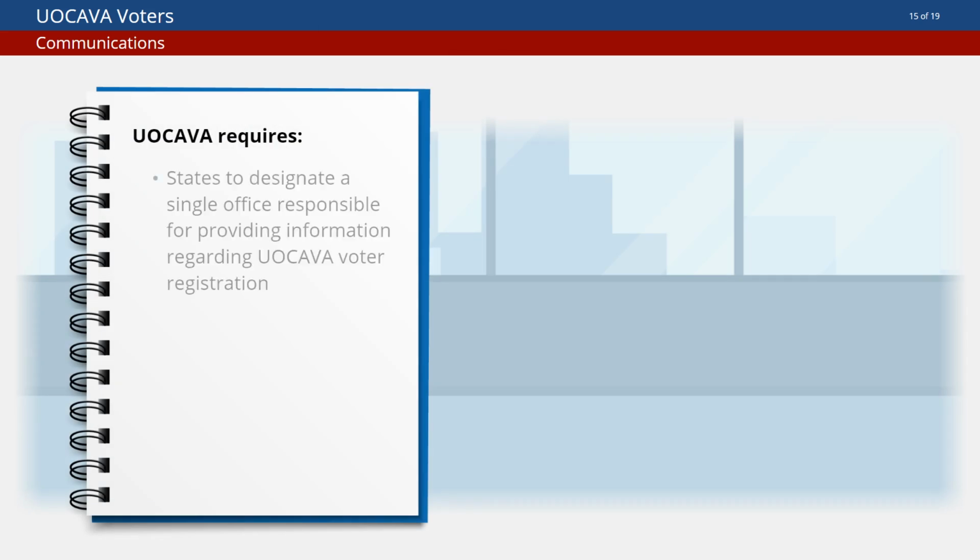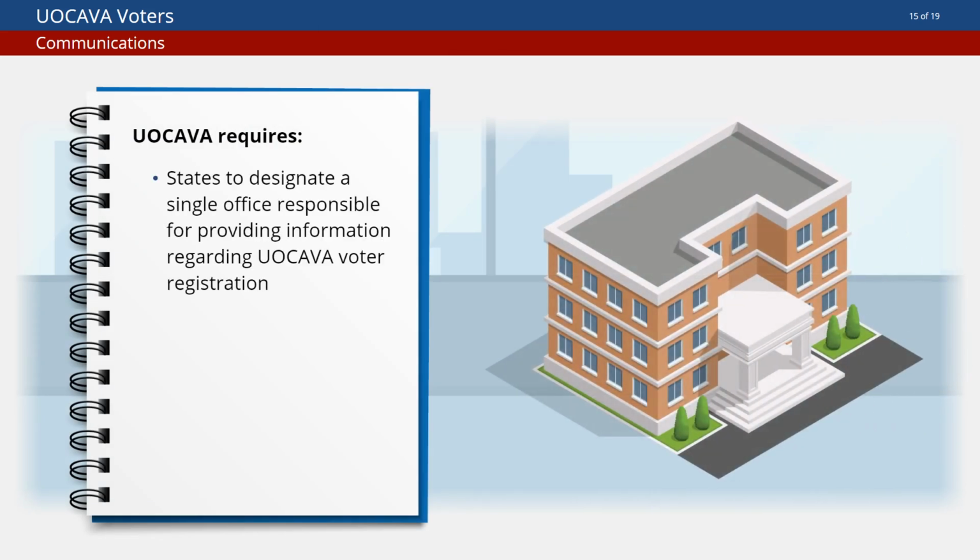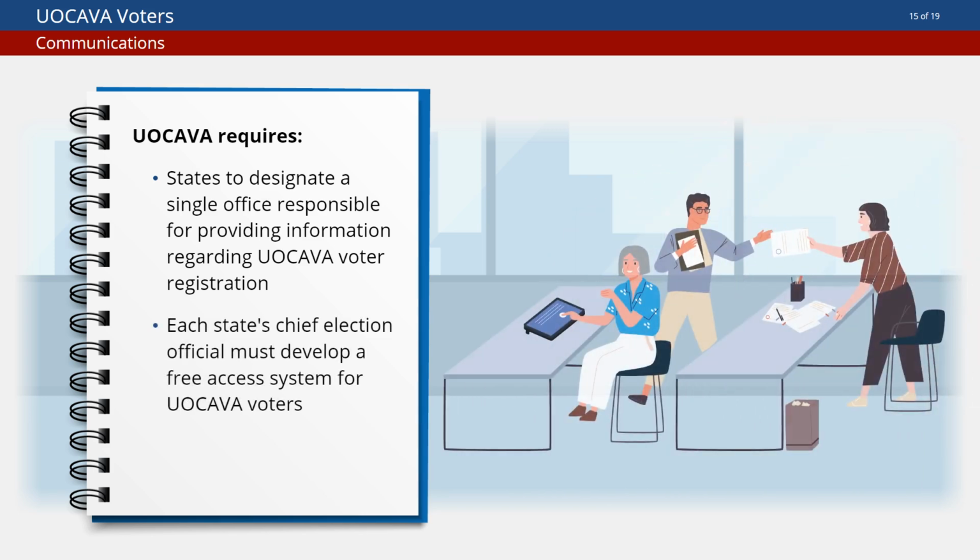UOCAVA requires states to designate a single office responsible for providing information regarding UOCAVA voter registration and absentee procedures. Additionally, each state's chief election official must, in coordination with local election officials, develop a free access system for UOCAVA voters to determine whether their election office received their ballot.